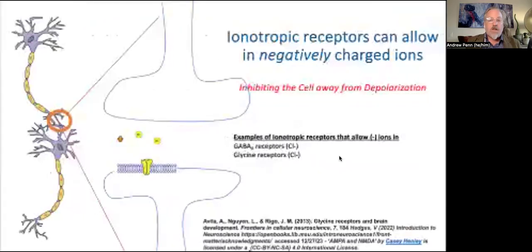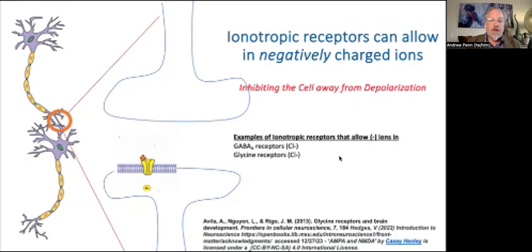So let's shift our attention to the other side of the coin, these ionotropic receptors that allow in the negatively charged ions. In this case, we're mostly talking about chloride ions. These are chloride anions, they're negatively charged. And the best known one of this would be GABA. So GABA, of course, is the primary inhibitory neurotransmitter of the brain. So when GABA, the neurotransmitter, which is symbolized by that little orange plus there, comes and locks onto the receptor, you see what happens?